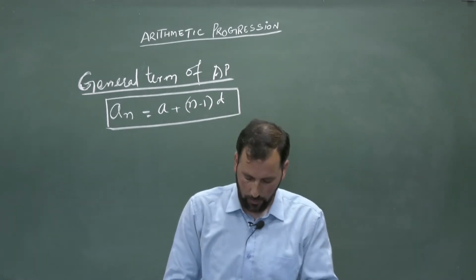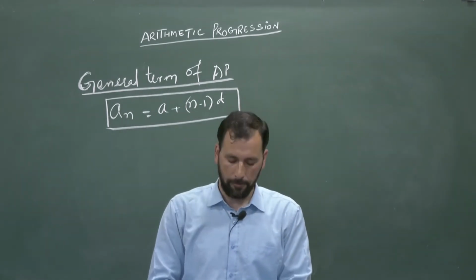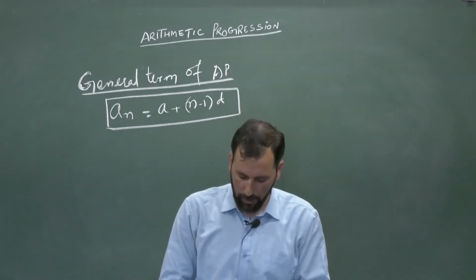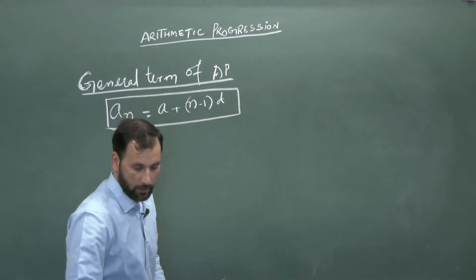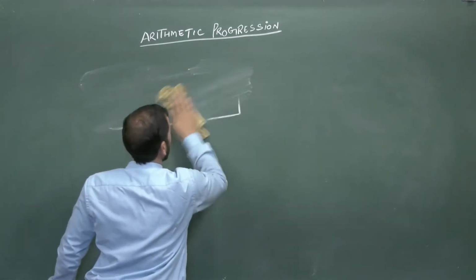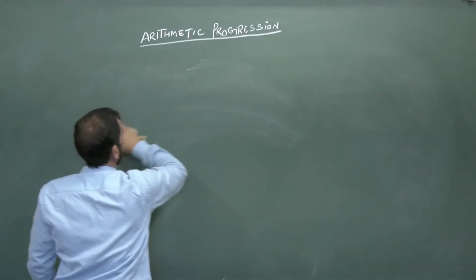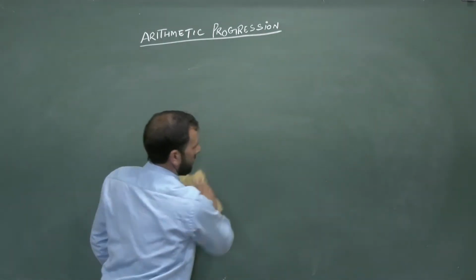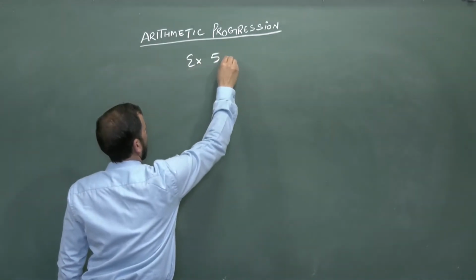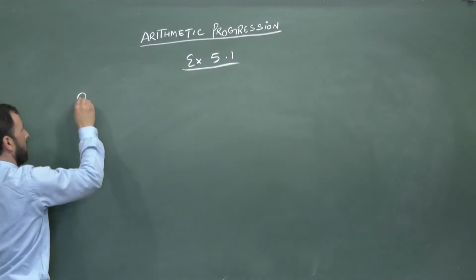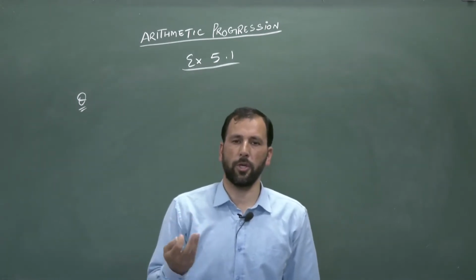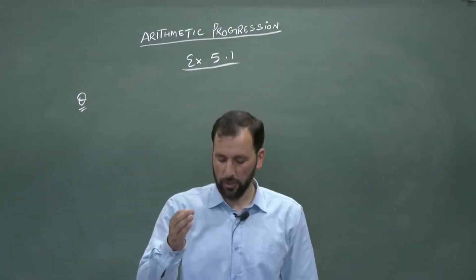The question is, write the first 4 terms of an AP whose first term a is given and common difference d is also given.